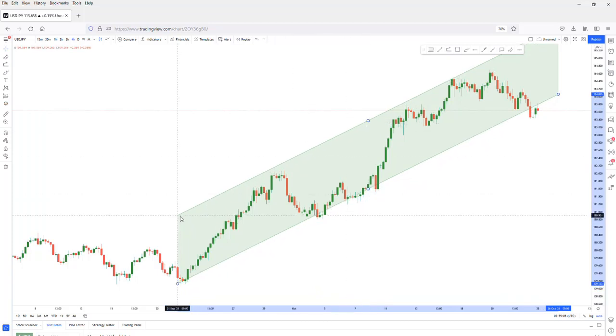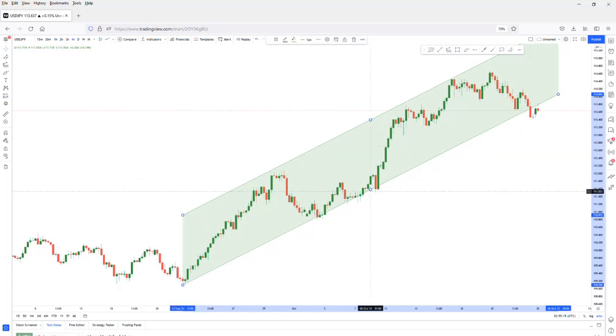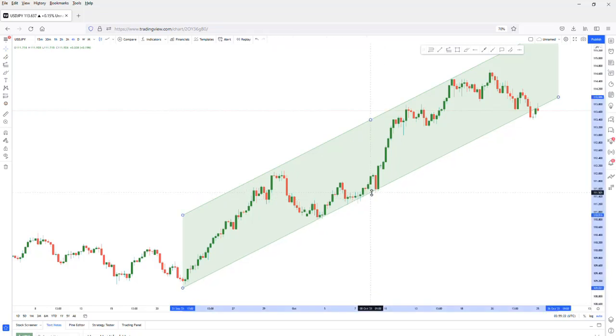I'm taking some time because I need to draw a nice one so that you can clearly see what price is doing, right? I would say this is pretty good enough. Wait, let me adjust a bit more so that it's clear to you.